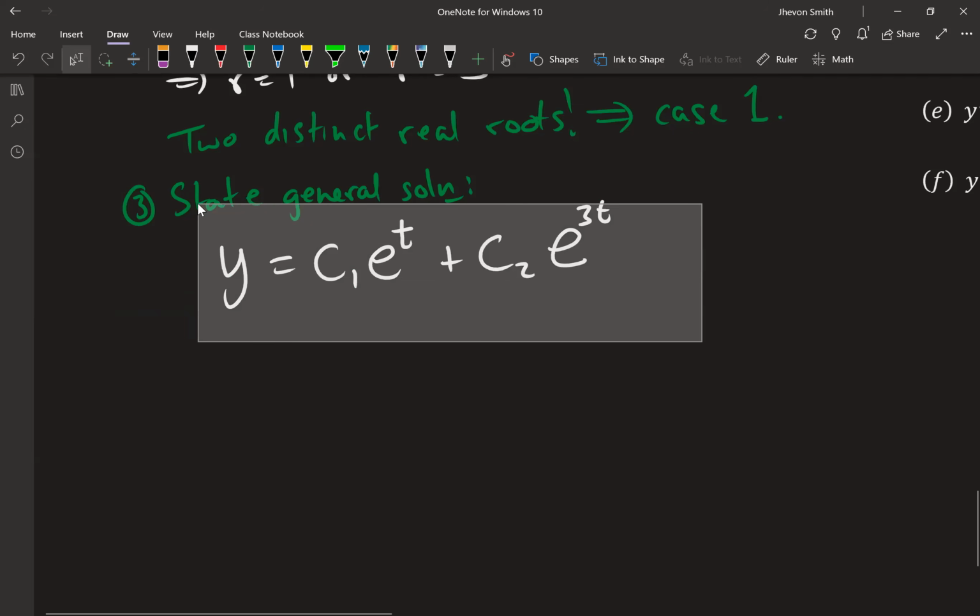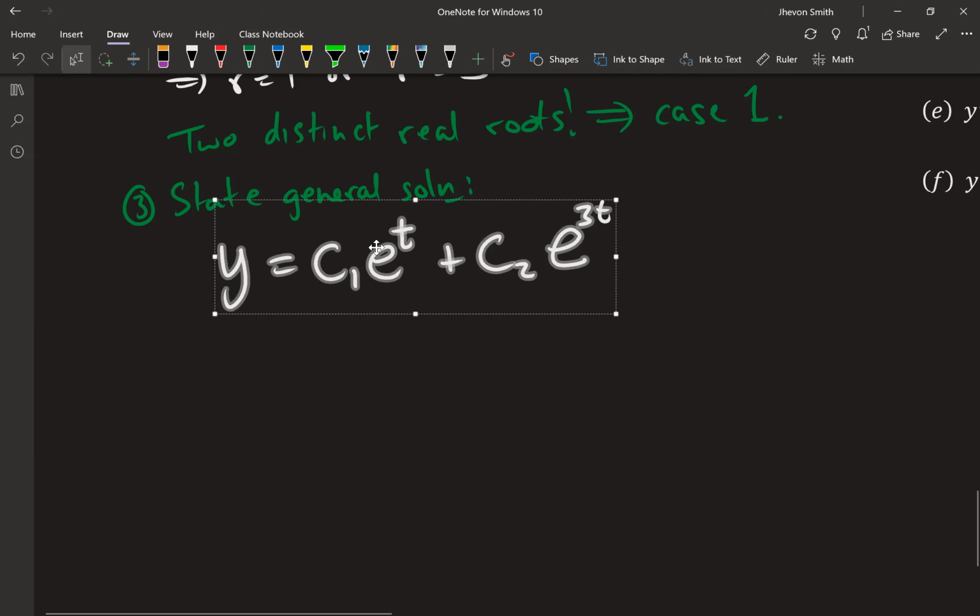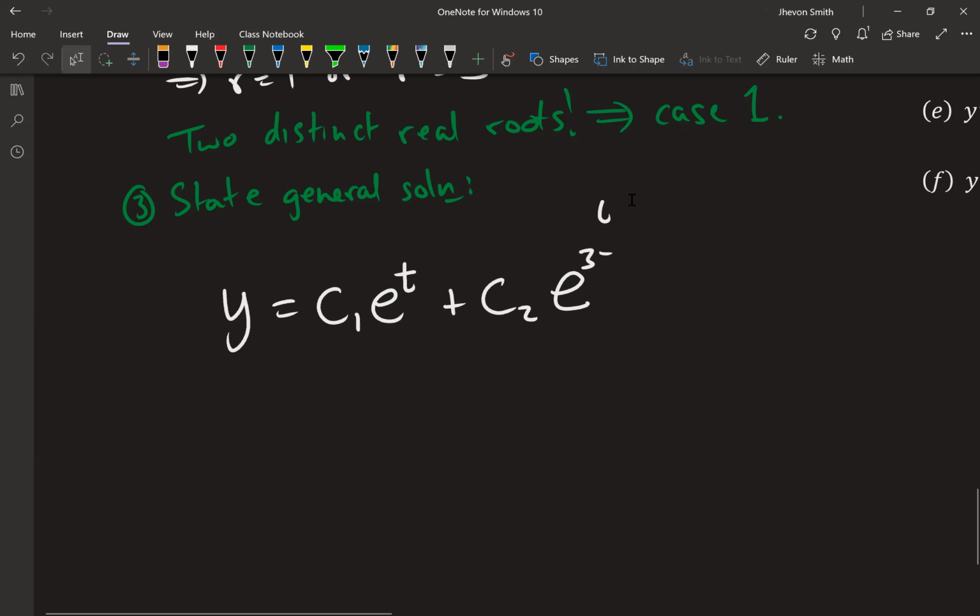And that is the general solution for this ODE. There we go.